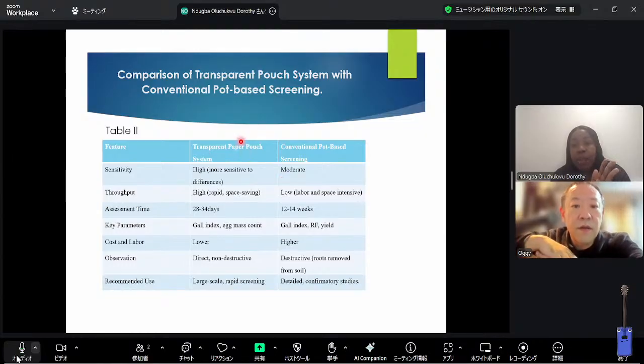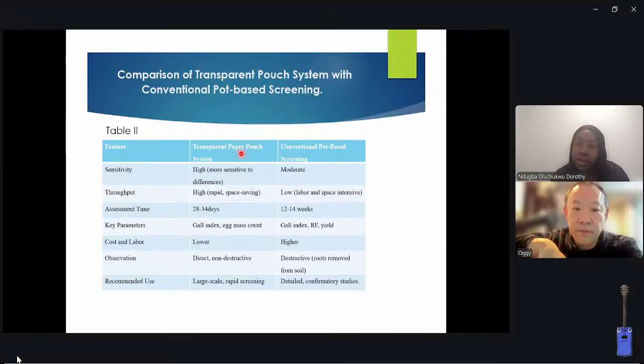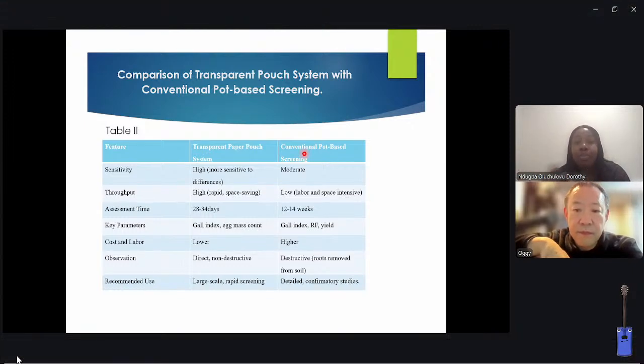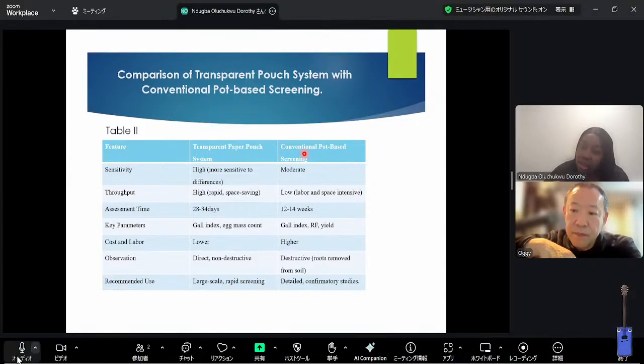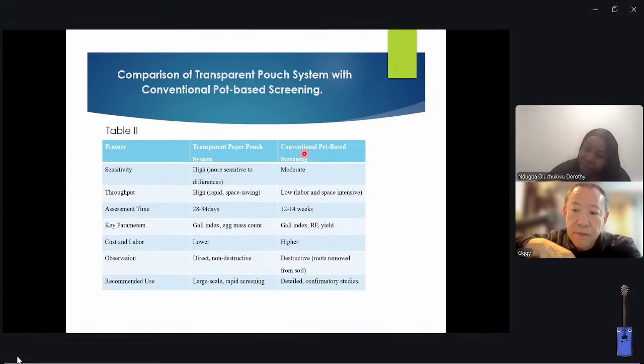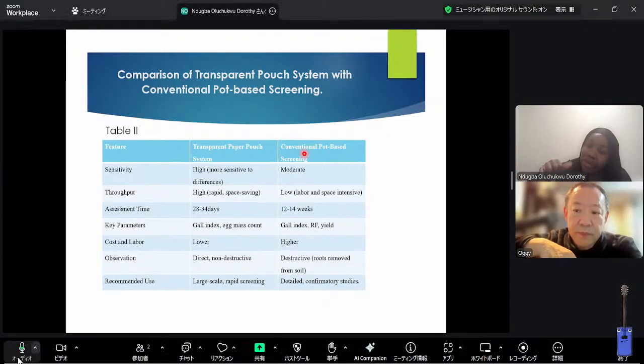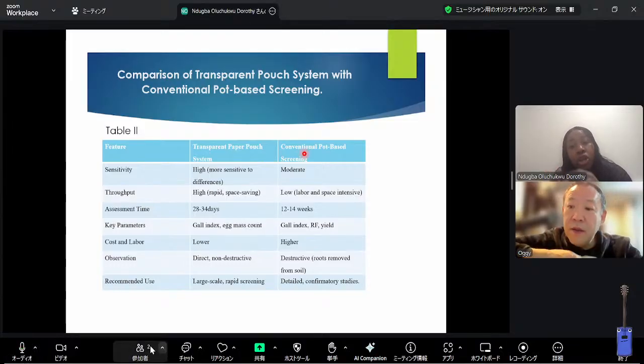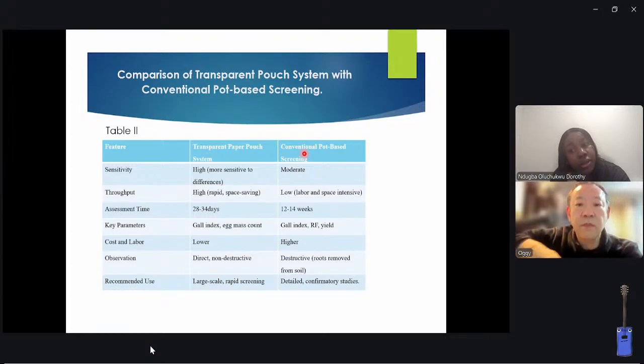No, I'm comparing the method I used for my research, which is the transparent paper pouch, and this is the conventional one, the old process they use to check nematode infection in crops. So with the conventional pot method, we use pots to plant our rice, then you wait for it to germinate and inoculate with nematodes. But the conventional pot method will make you not see the roots, while the transparent paper pouch will make you see the roots.